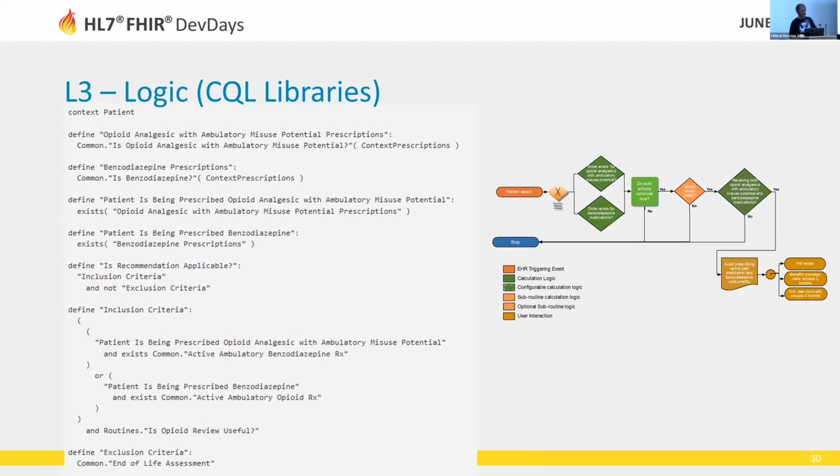So if you have either of those situations, and an opioid review is useful, and there's no exclusion criteria, then the recommendation is applicable. So basically, this is a completely platform independent but formal representation of this flow diagram logic in terms of data elements that we can share with FHIR structure definitions and value sets.